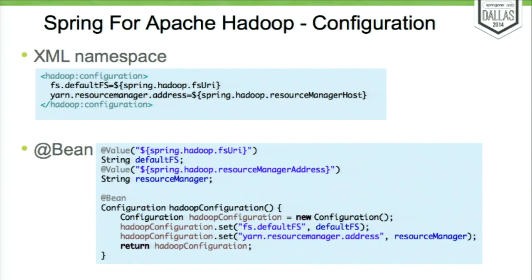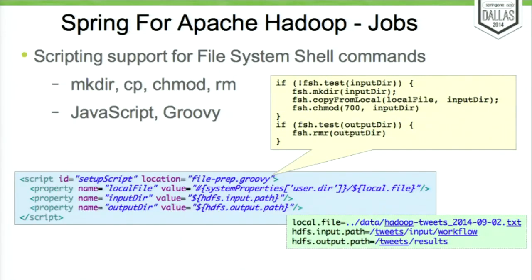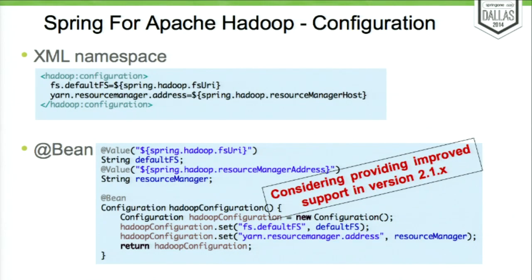So for the building blocks, we need some kind of configuration. I tend to use the XML namespace that comes with Spring for Apache Hadoop. So do Hadoop configuration, and then you just specify your Hadoop configuration properties there.